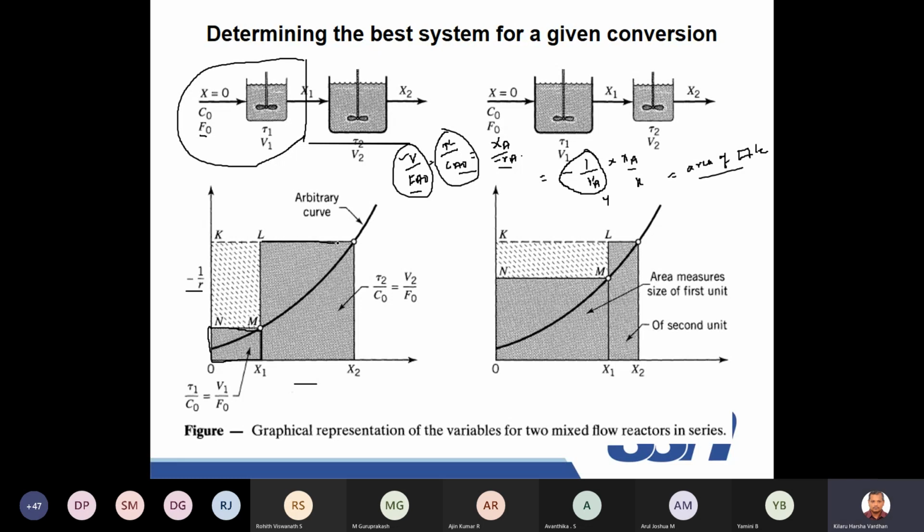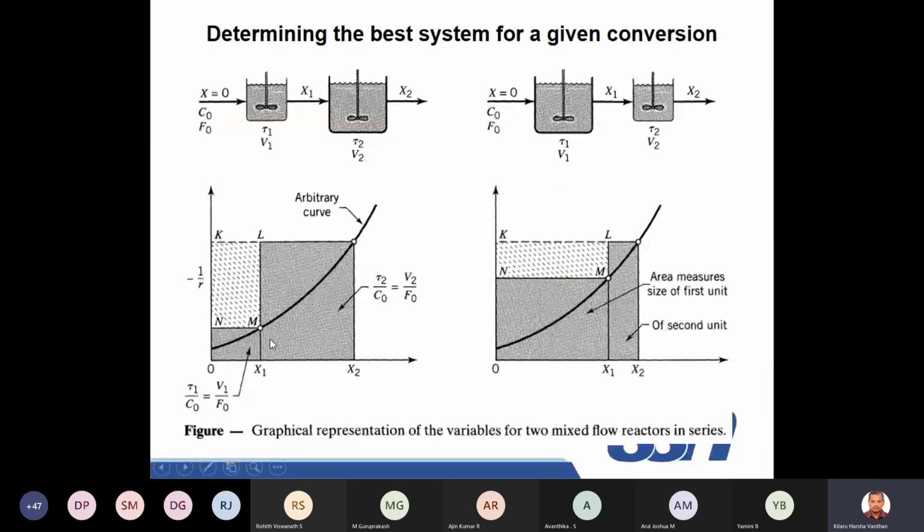This area will be equal to the volume of this rectangle. Now you want to have a conversion of X2. For this X2, for this combination, what will be the entire volume? Volume is nothing but the shaded part. I'll just remove this. Again, I'll project it.